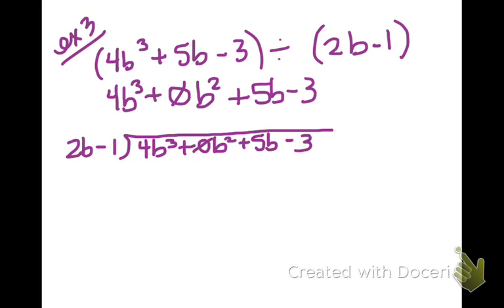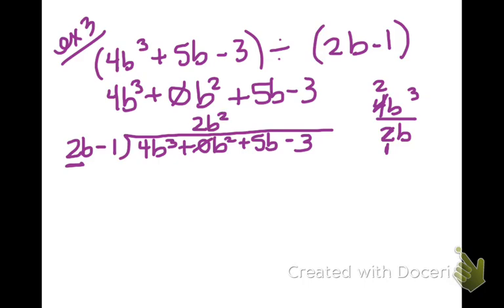All right, and again, we're working with the first term. How many times does 2b go into 4b cubed? So again, it's like simplifying this expression. The 2's cancel, and 3 minus 1 is 2, so we would have 2b squared, and we'll put that over the one that has b squared.